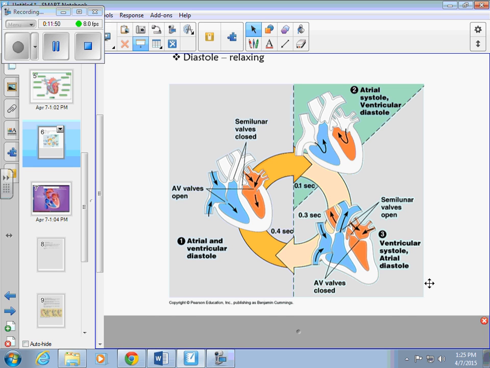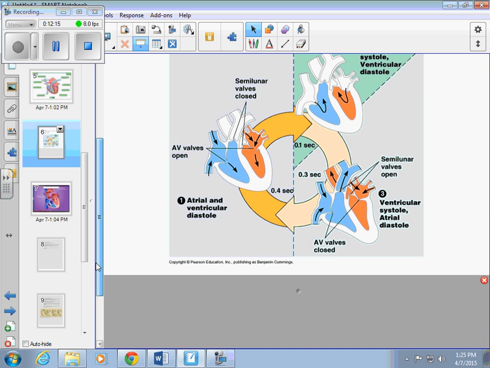The third step is that the ventricles are now going to contract and the atriums are going to relax. So they're taking turns. As the bottom part of the heart squeezes, that muscle will contract and push the blood out through the pulmonary artery and also through the aorta, so it can continue its systemic and its pulmonary circulation. And then the cycle will start all over again.